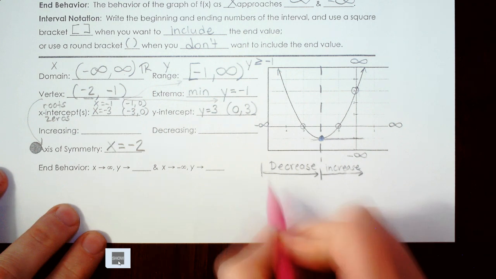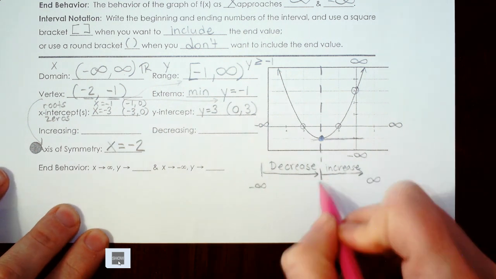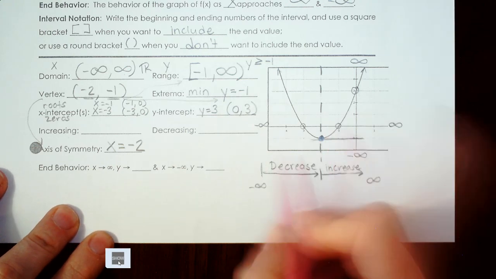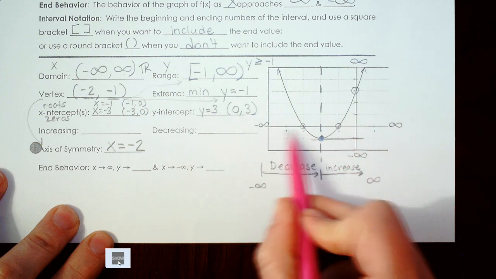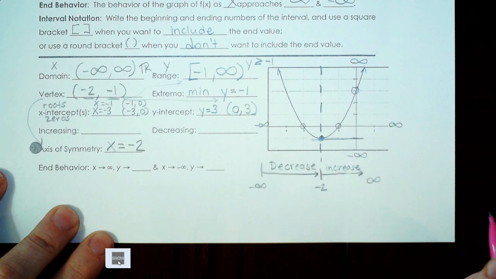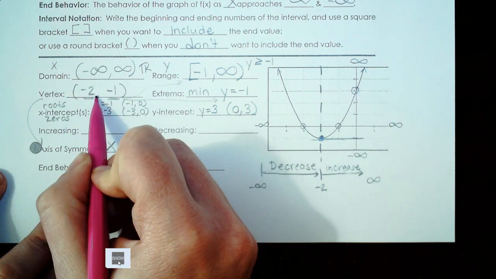All right. So this is always from -infinity all the way to positive infinity. We just got to figure out when it changes direction. And it's going to change at your vertex, which if we're going left to right, we're talking about on our x-axis. So at -2. This should match your vertex.